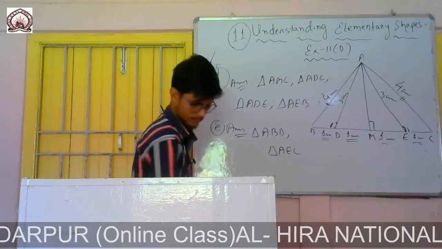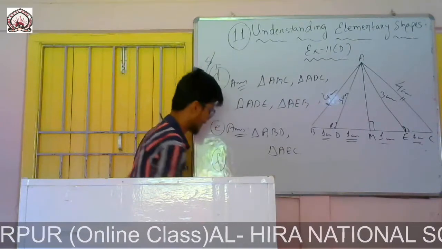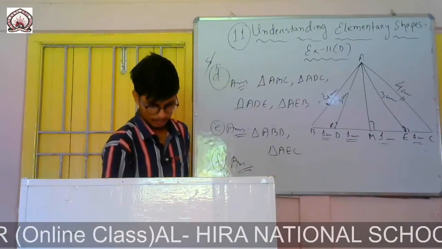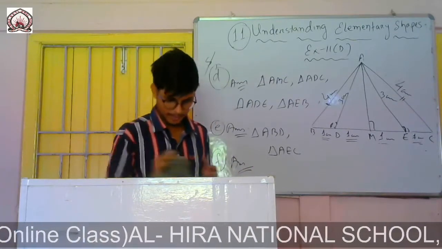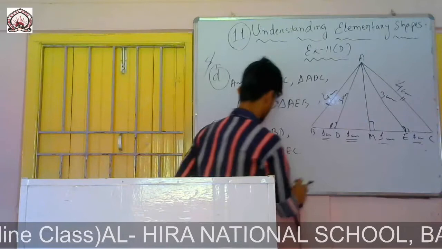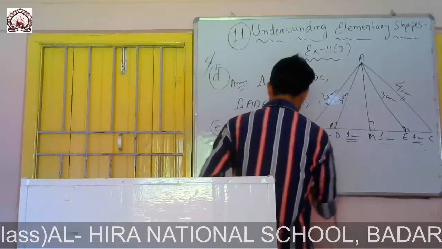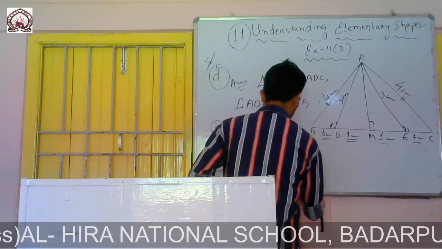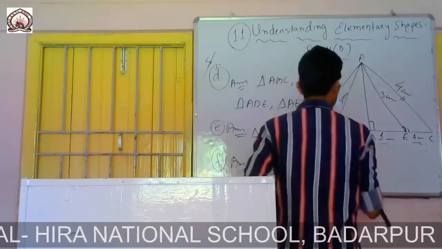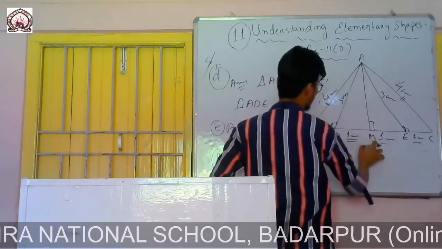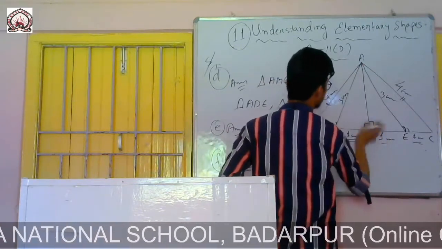Now the last one, question number F. You are to name the right triangles. One will be triangle AMB. AMB is a right triangle. This side and this side both are right triangles.